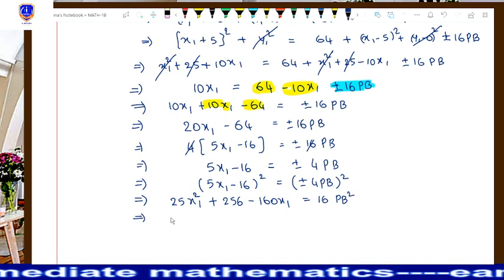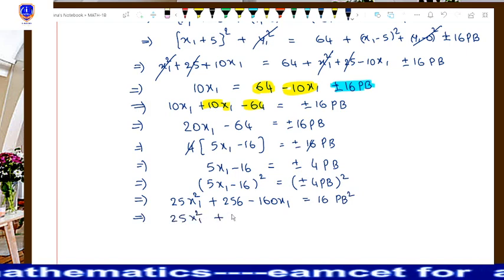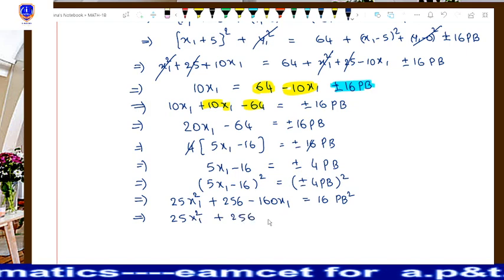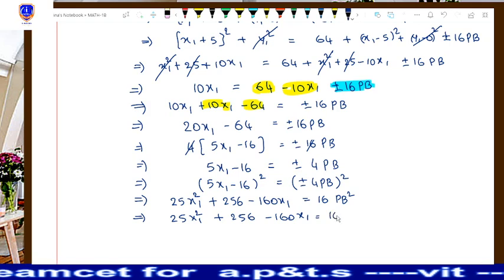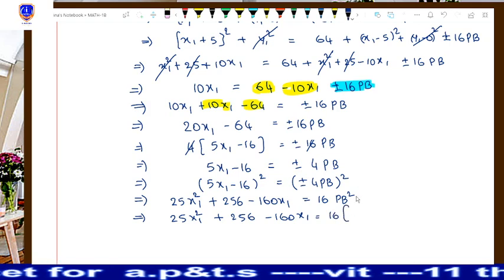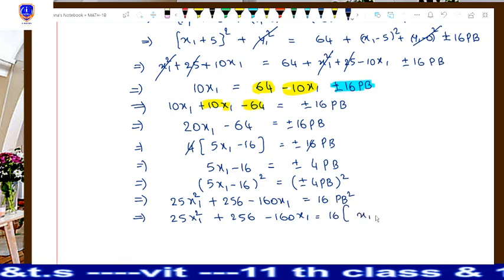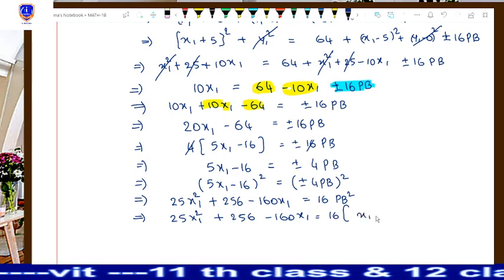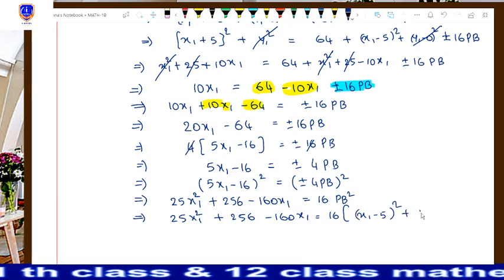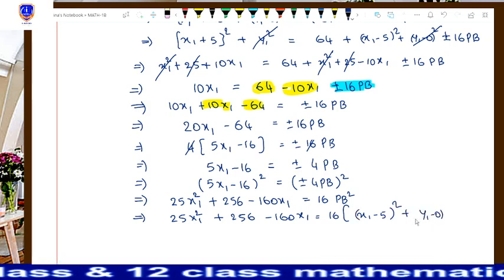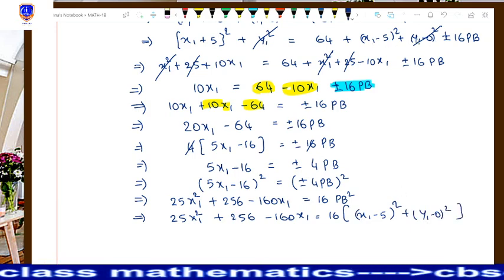That implies 25x1 square plus 256 minus 160x1 is equal to 16 of pb square. So we already did in earlier steps, which is (x1 minus 5) whole square plus (y1 minus 0) whole square. Here in this step, this is pb square. Fine.